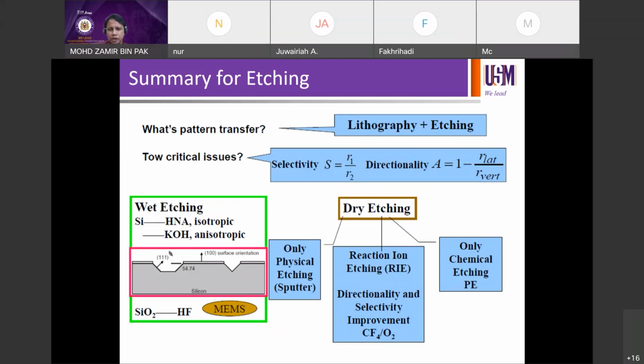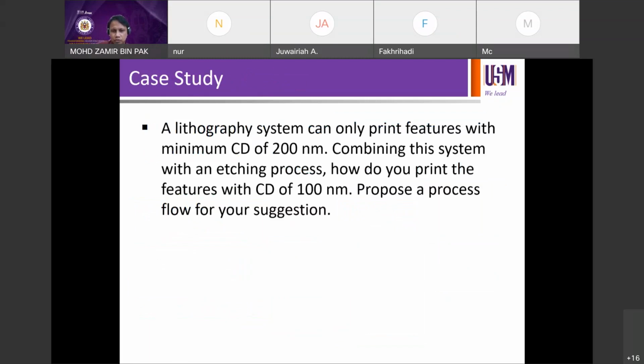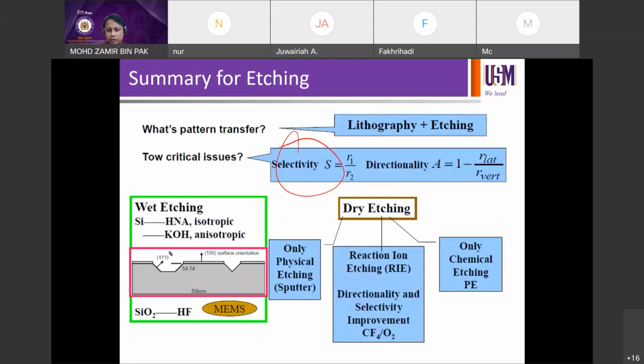Right, two critical issues. Selectivity, we discussed this one. Selectivity, S = R1 over R2. Directionality, we discussed as well. When you discuss this, then equally aspect ratio. And then we discussed wet etching, isotropic, like HF, for example.